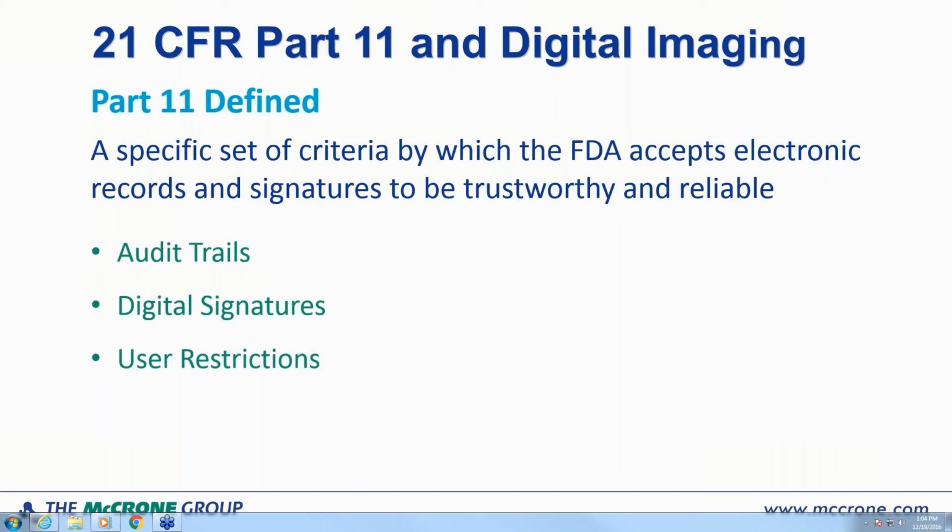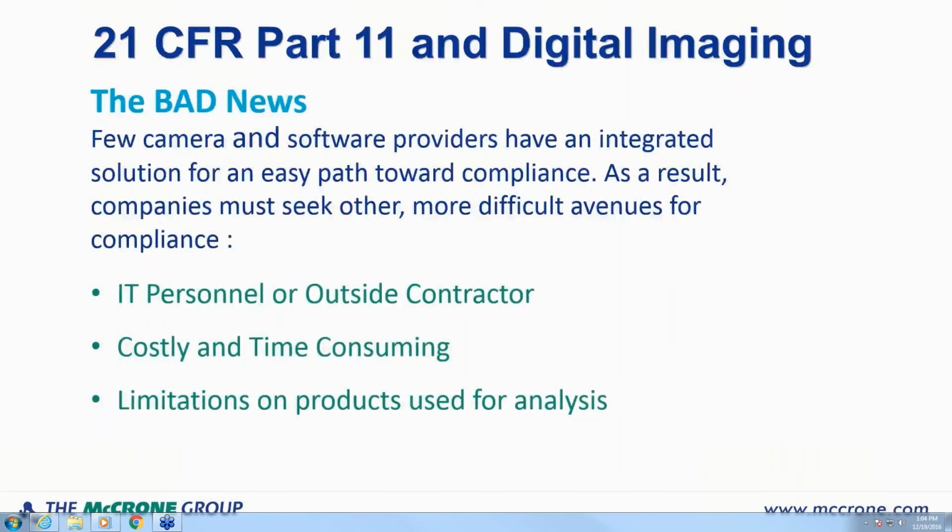It requires labs to implement controls such as audit trails, encrypted digital signatures, and restricted file access to secure any electronic record produced in FDA-regulated procedures. Any systems put in place to this end are subject to audits and validation.